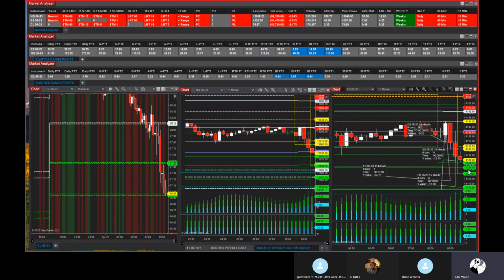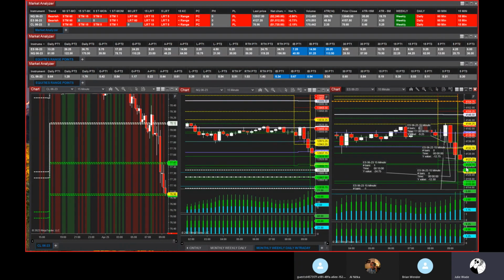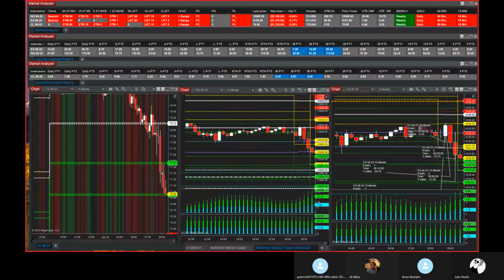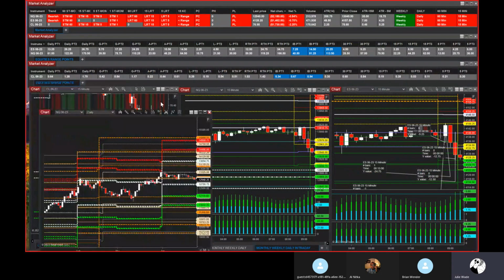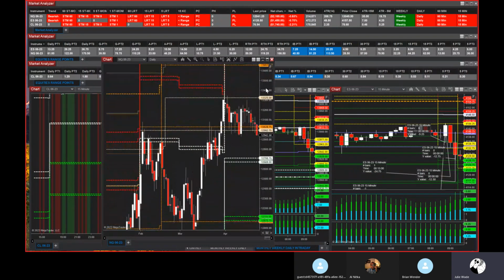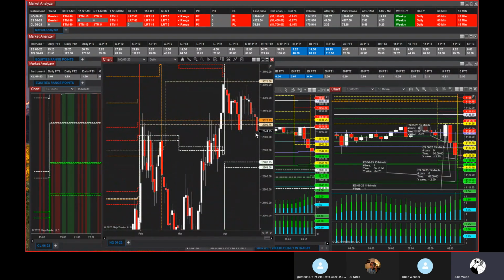All right, we're coming down now. NQ breaking a range. We're at the 90-day, or we're breaking it. So we've broken below our support.